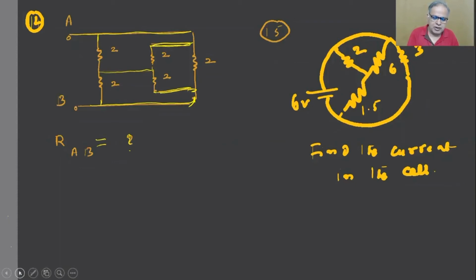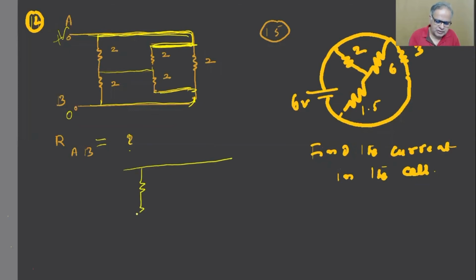Can somebody speak? Look, this is plus V, this is 0 when I said. All this is an equipotential line, right? Somebody connected it for no reason this way. So the circuit simply becomes a simple, very silly circuit like this. Isn't it so?